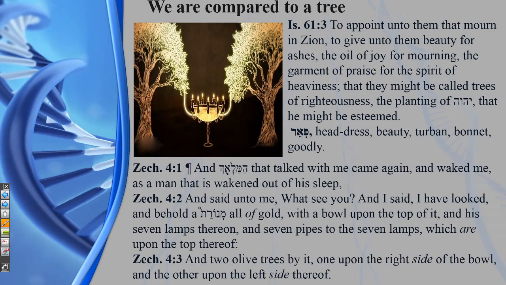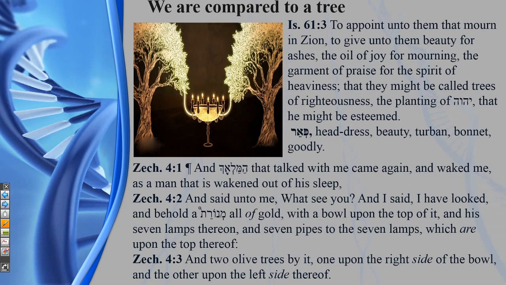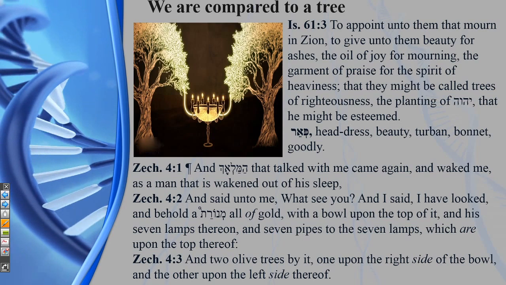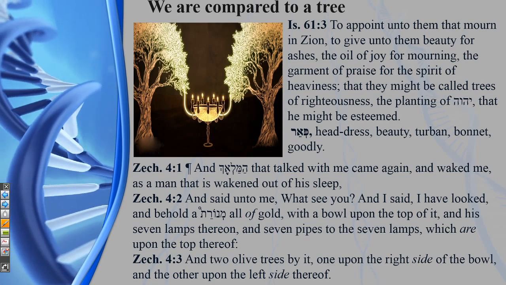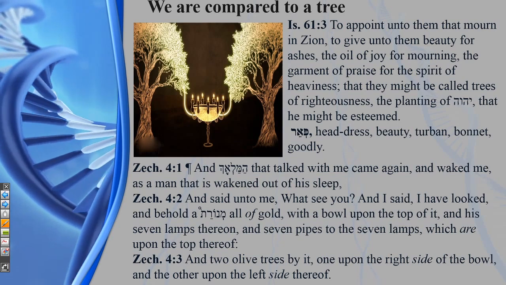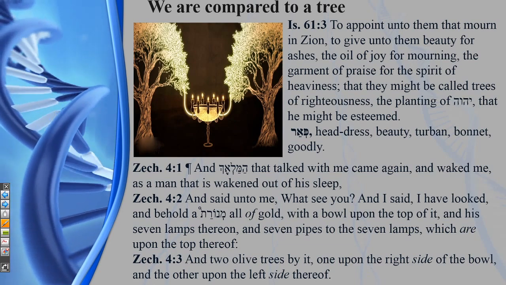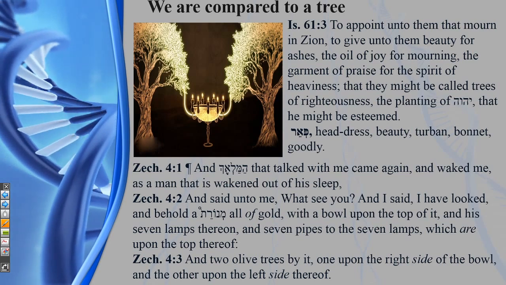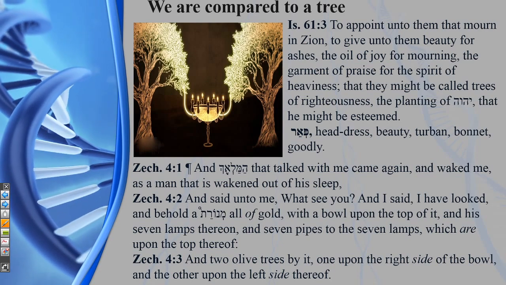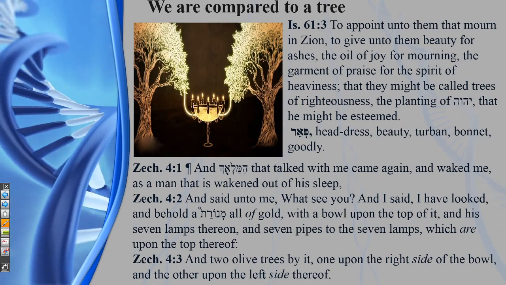Next one is Zechariah 4:1. The messenger, the angel that talked with me, came again and woke me as a man that is wakened out of his sleep. And he said unto me, what do you see? And I said, I have looked, and behold, a menorah all of gold, with a bowl upon the top of it, and its seven lamps thereon, and seven pipes to the seven lamps, and two olive trees by it, one upon the right side of the bowl and the other upon the left side.